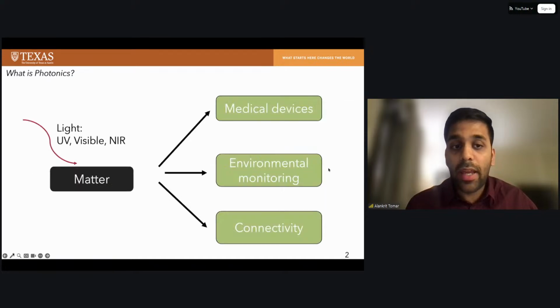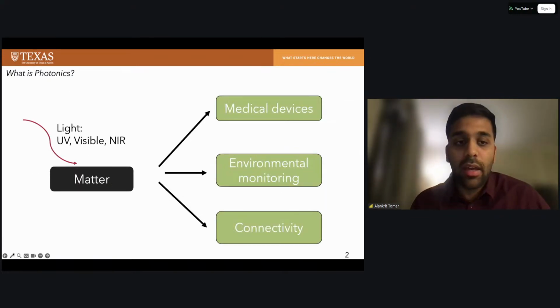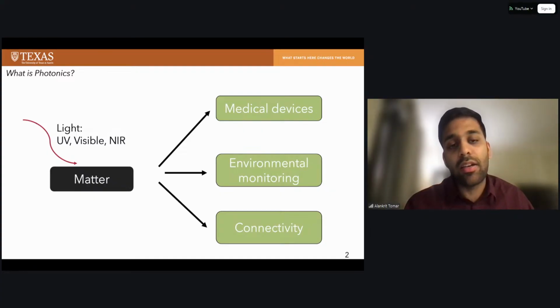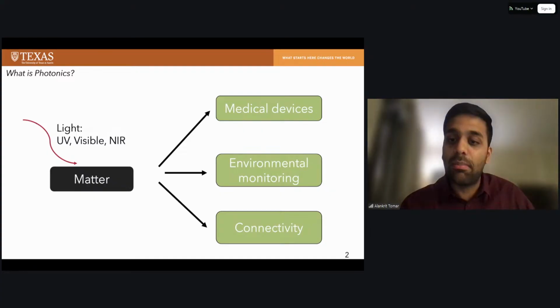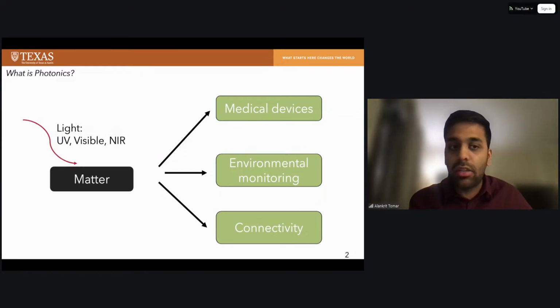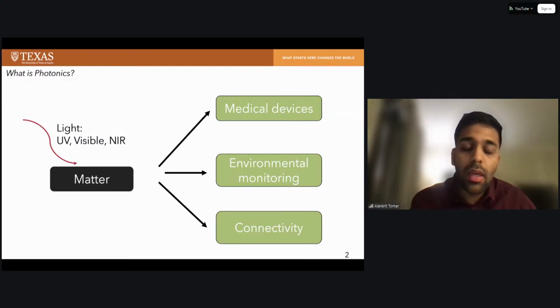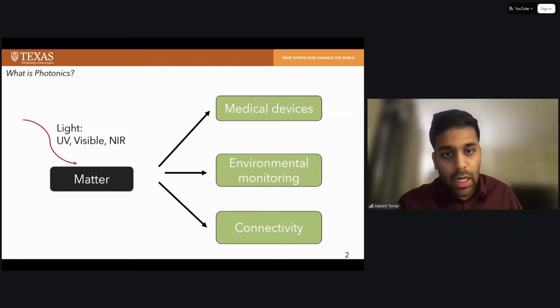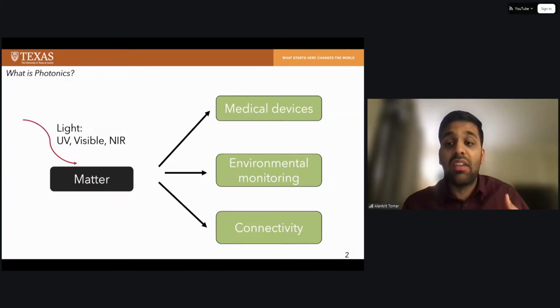Like a lot of you might be aware, photonics is the interaction of light and matter. It essentially means how radiation in the UV range, visible range or near infrared range interacts with matter. The applications of photonics are numerous, in fields such as medical devices, environmental monitoring, connectivity.